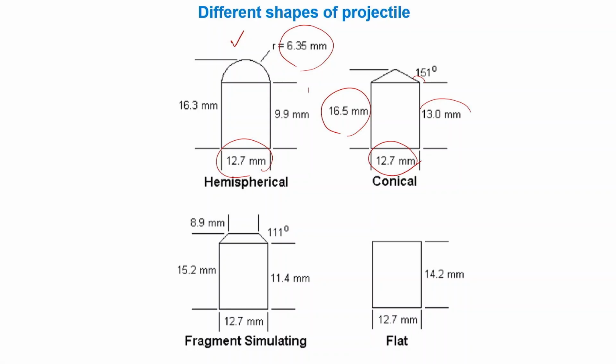The dimension at the top is 8.9 millimeter and this angle is 111 degree, the effective length is 15.2 millimeter and the diameter of that projectile is 12.7 millimeter.